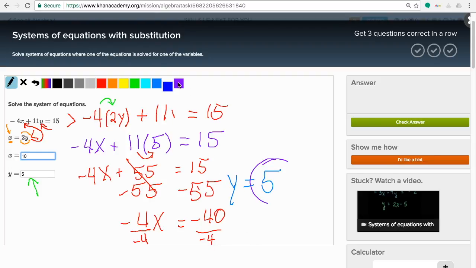It still works, but we have to do a lot of complicated stuff in order to get here. So this negative 4 and negative 4 cancel. Over here we've got negative 40 divided by negative 4, so there are two negatives that cancel. When you do 40 over 4, that gives you 10, which means that we got the same answer. Whichever equation we plug back into, we get the same answer.